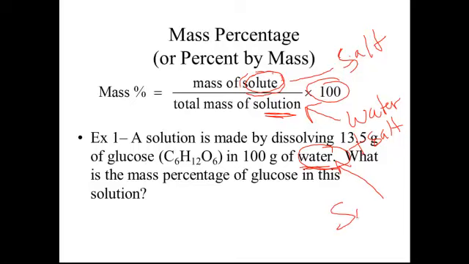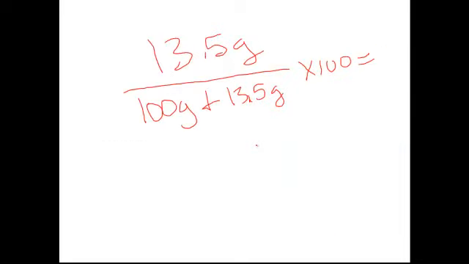Because if I say the word solution, that's saying that I'm including the sugar, or whatever it happens to be, in this final mass. In this problem I just said water, so we have to figure this out based on the water and the sugar combined.